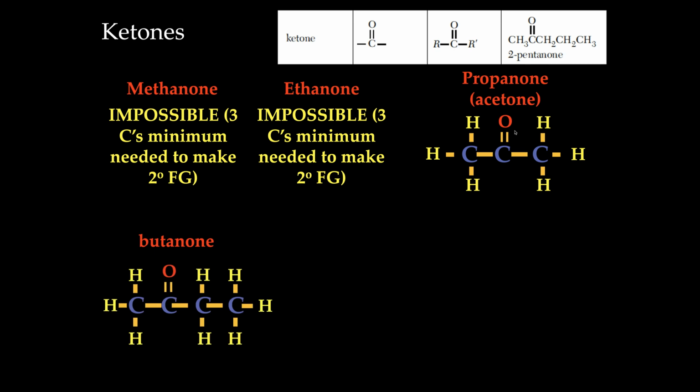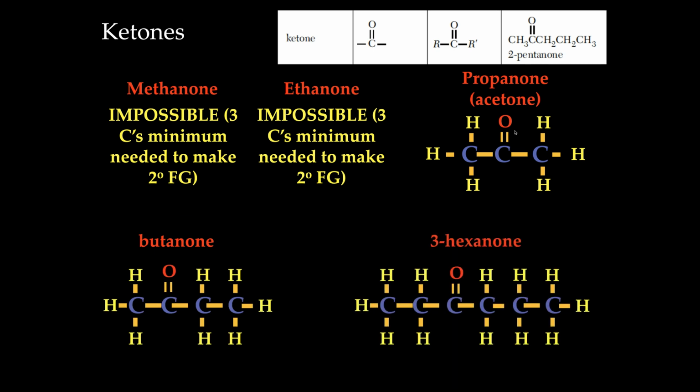Butanone would contain 4 carbons. Hexanone would contain 6, but since there's more than one middle carbon you can put it on, you could have 2-hexanone or 3-hexanone. This would also be 3-hexanone, and this would be 2-hexanone. 3 carbons in from the end, 3-hexanone. And those are ketones. They're very good solvents.